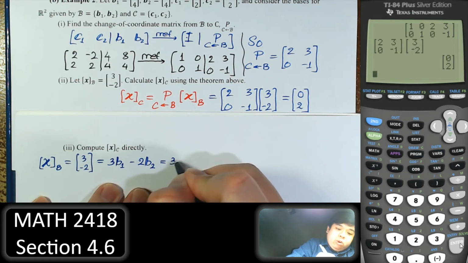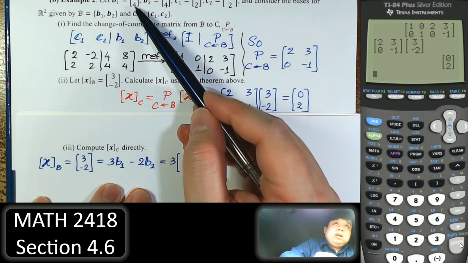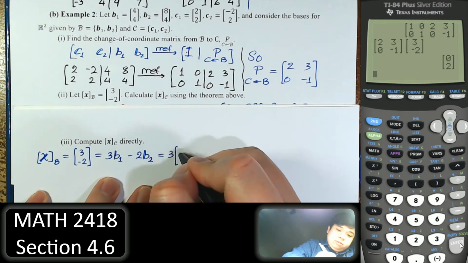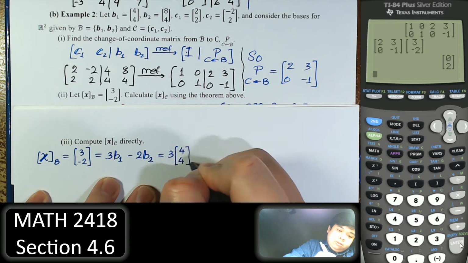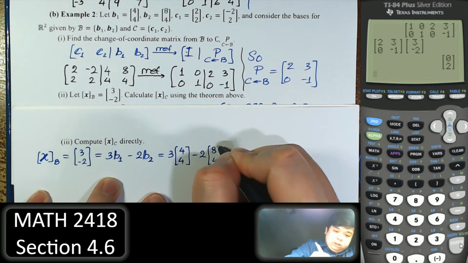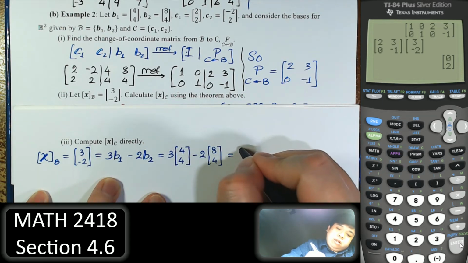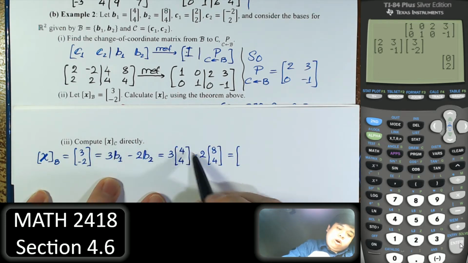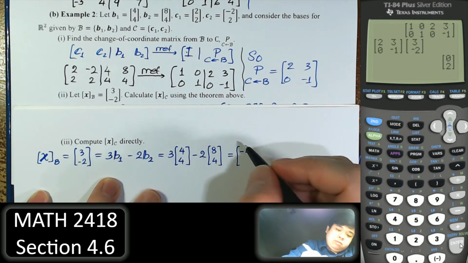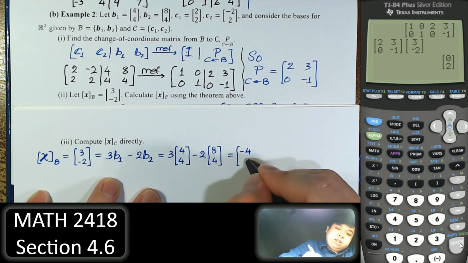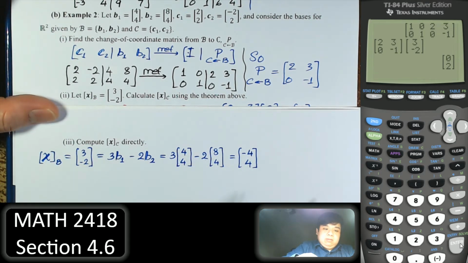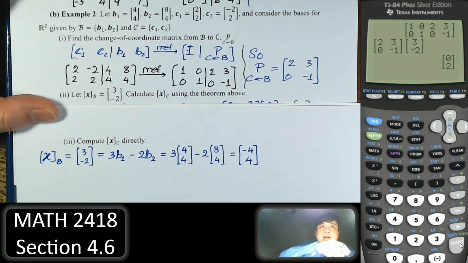And we are given B1 is 4 and 4, and B2 8 and 4. Right, just combine them. 12 minus 16, 12 minus 8. So x is equal to that.